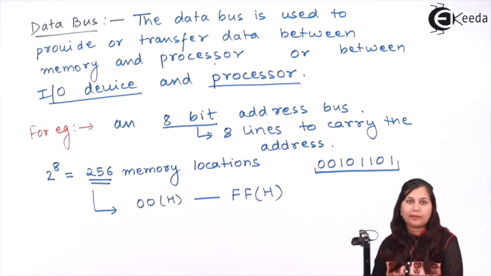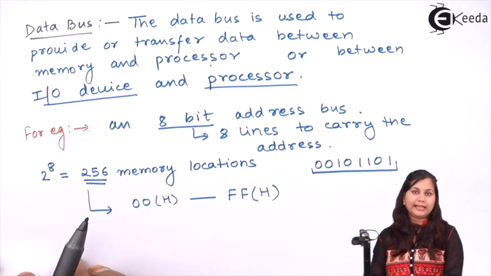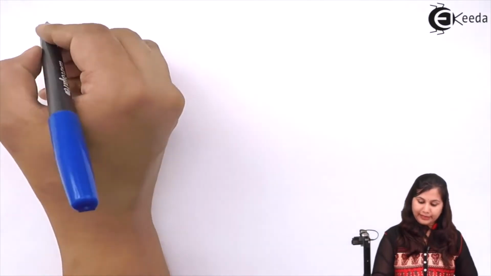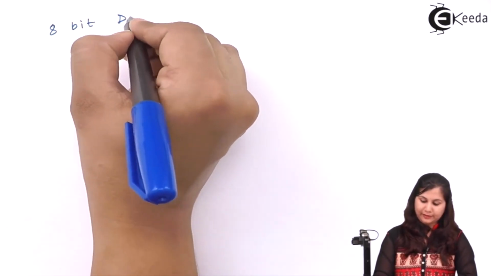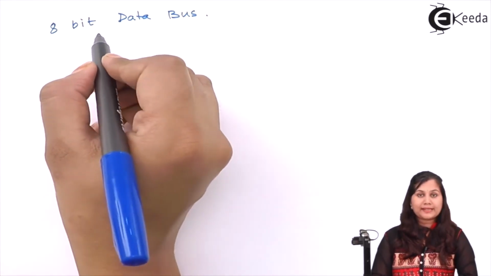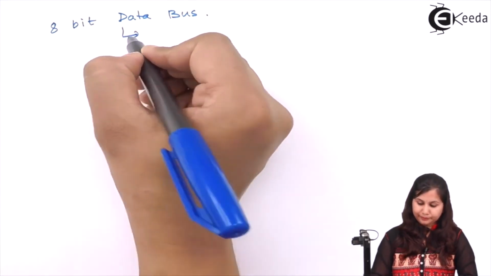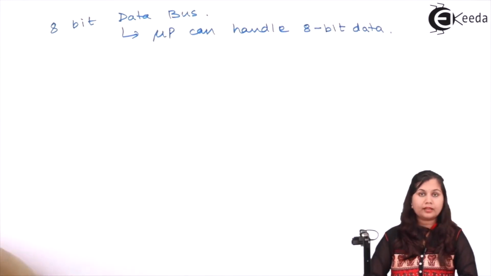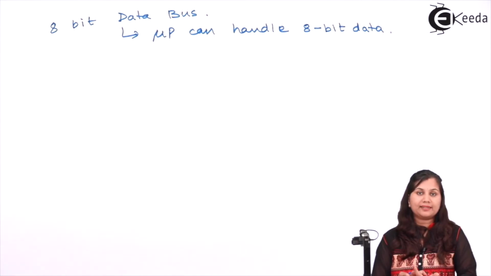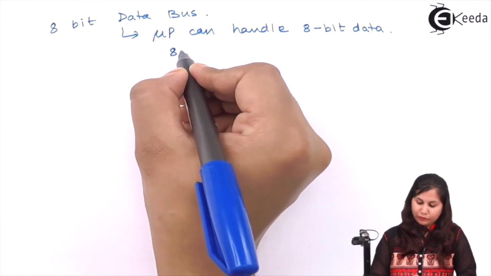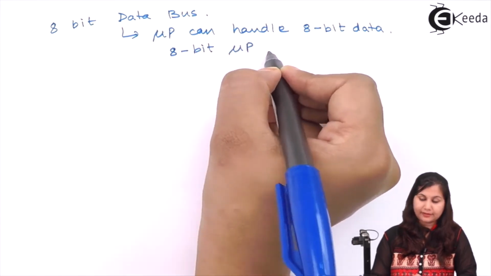Now comes the data bus. The data bus can be 8-bit, 16-bit or 32-bit. If we have an 8-bit data bus, the microprocessor can handle 8-bit data. The microprocessor is defined according to the data it gets as input, so if it has an 8-bit data bus handling 8-bit data, it will be an 8-bit microprocessor.